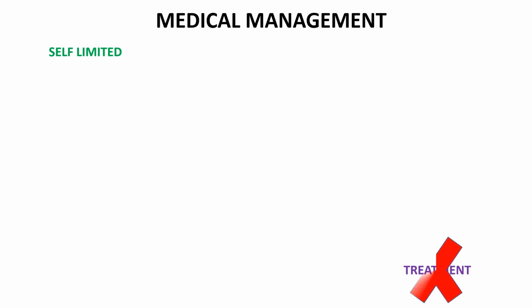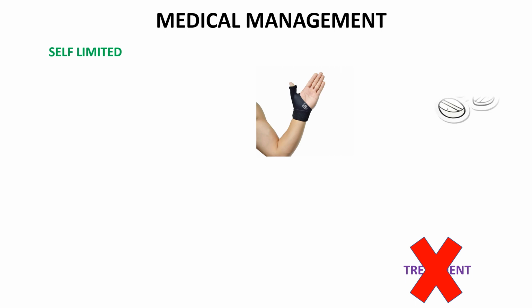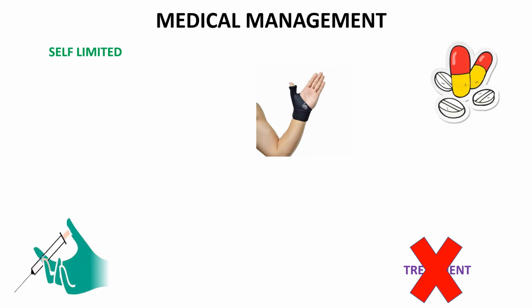Now I'll tell you about the medical treatment of De Quervain's tenosynovitis. This condition can be self-limited and may resolve without any intervention. For individuals with persistent symptoms, NSAIDs and corticosteroid injections are the most frequent methods used.